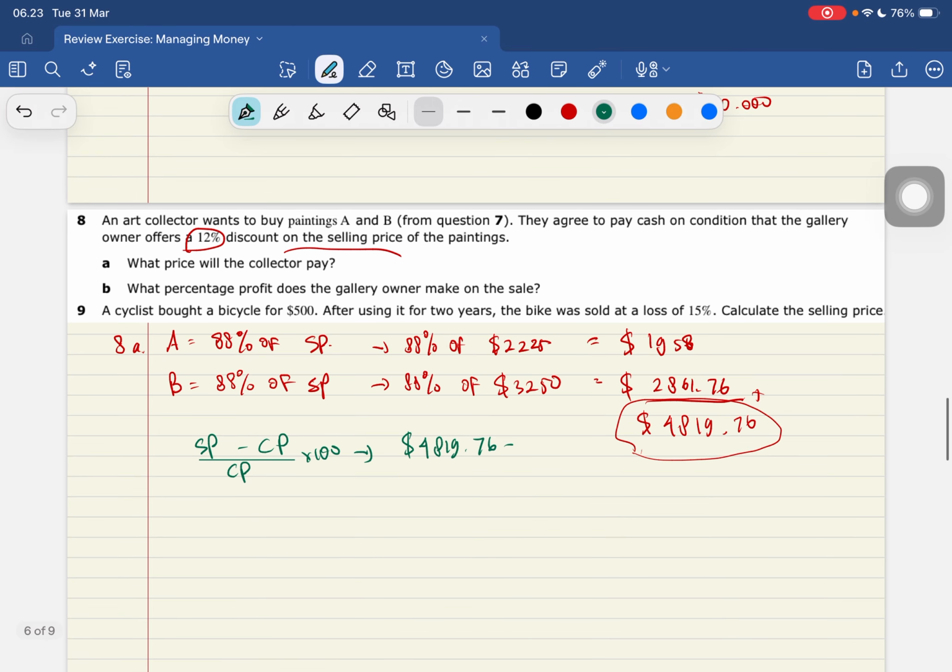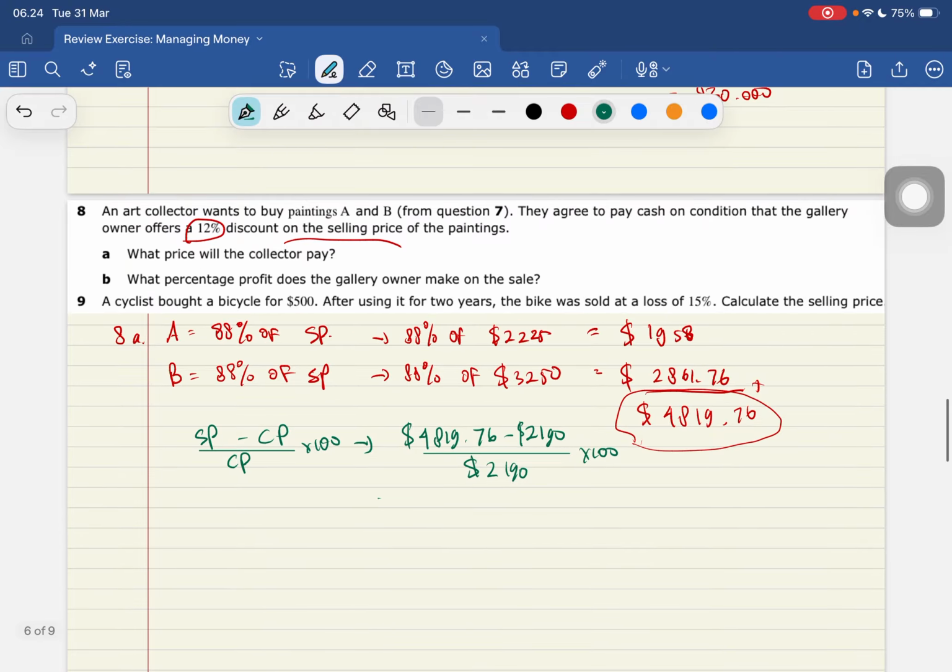We can write it here: $2,190. We divide by the cost price, 2,190, and multiply by 100. So 4,819.76 minus 2,190 is still dollars, 2,629.76.